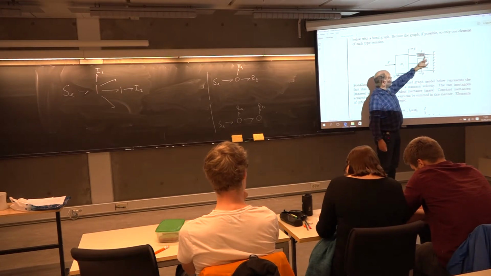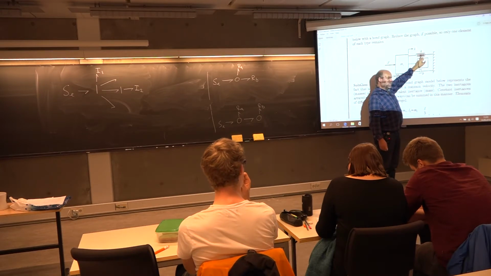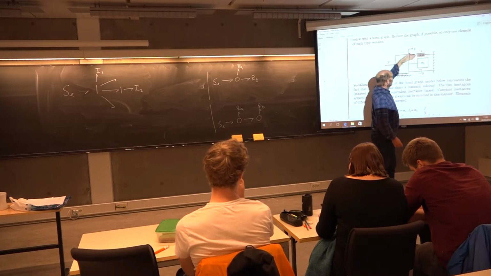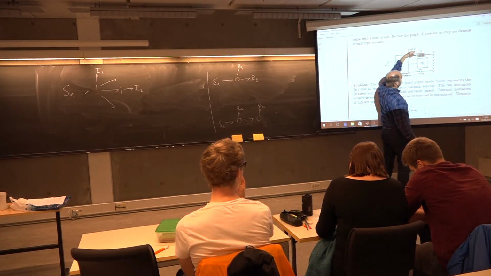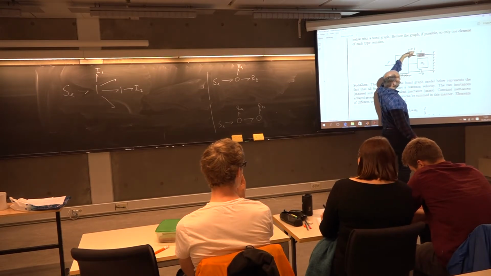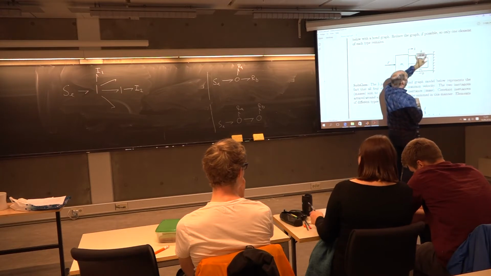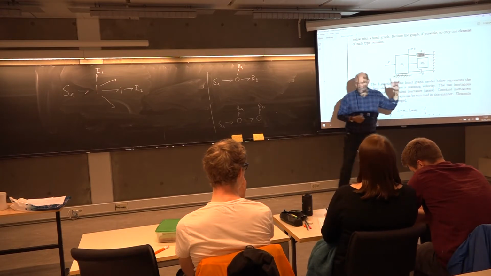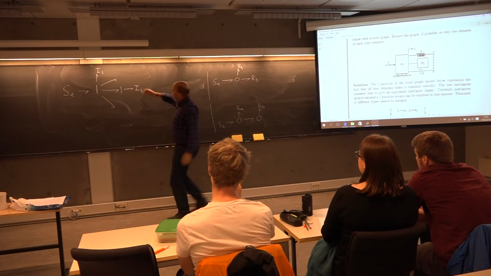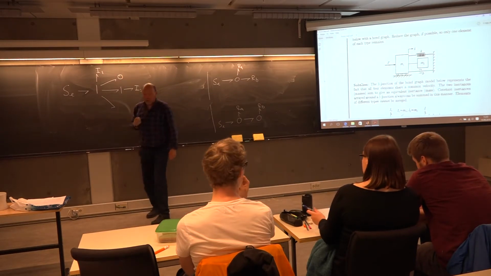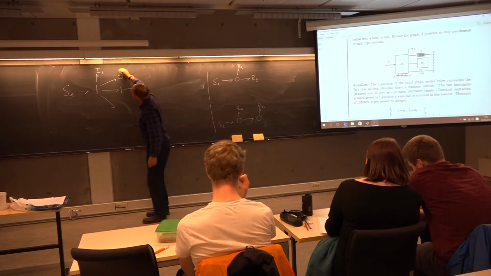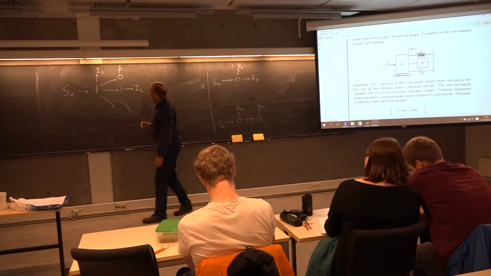Here, I will now have a spring. How do I insert a spring here? Well, I have one force hitting the spring from the left, but you will have the exact same force on the right. Same forces on both sides, that's the common effort. Then I use a zero junction and insert a spring here, a C element.